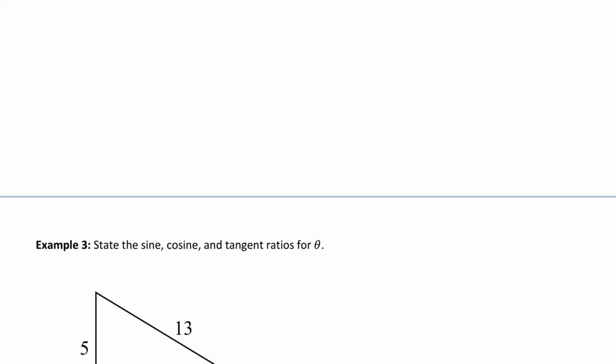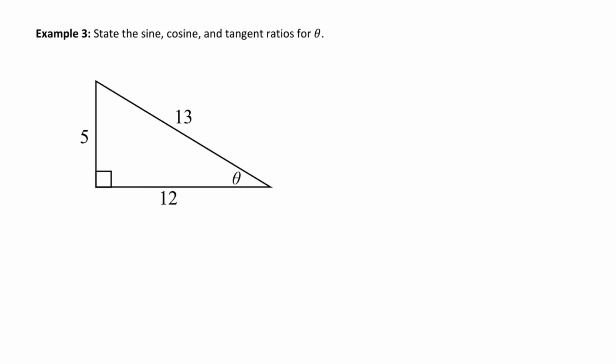And now let's move on to example 3, where it says state the sine, cosine, and tangent ratios for angle theta. There's our reference angle. So I'm actually going to write the acronym SOHCAHTOA off to the side here, because that's going to help you remember which primary trig ratios, sine, cosine, and tangent, relate to which ratio of sides within the triangle.